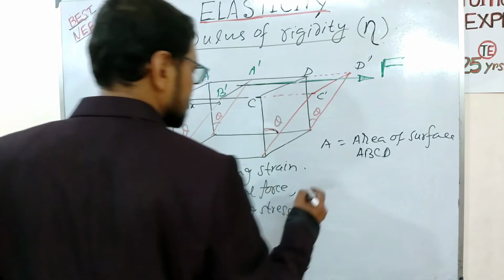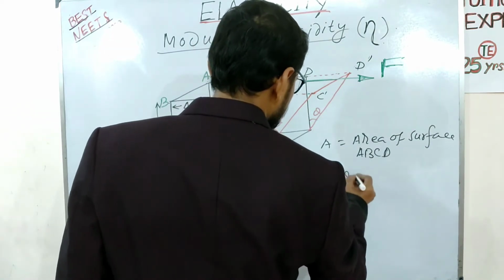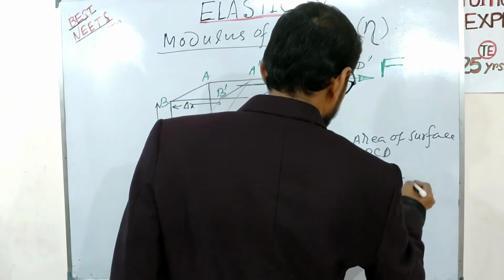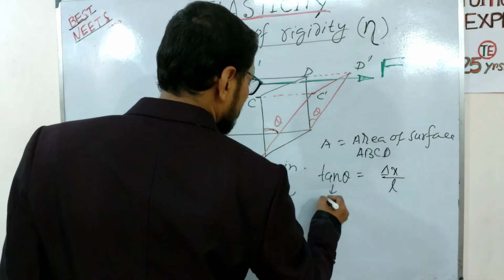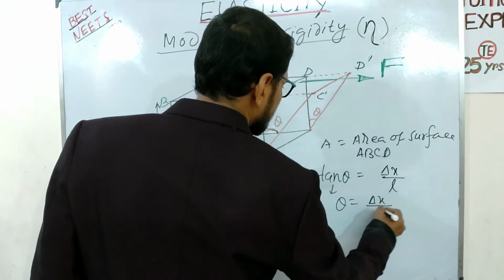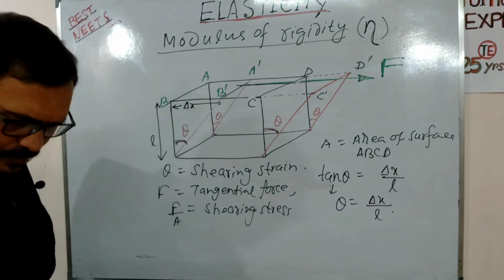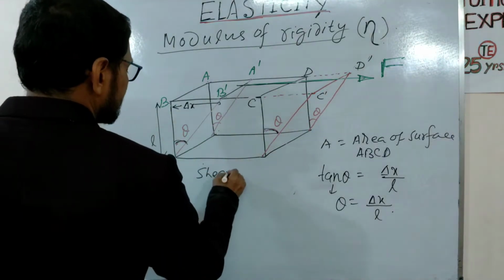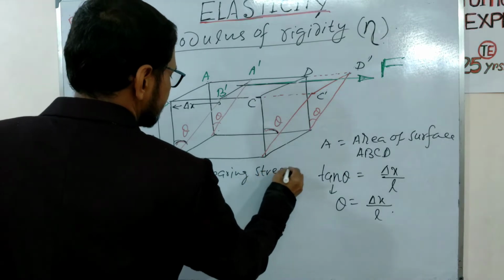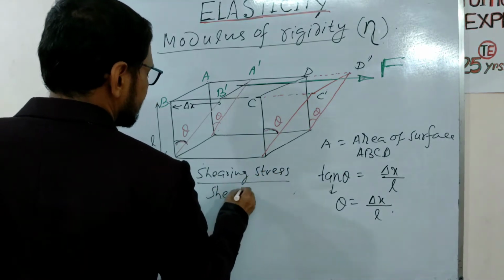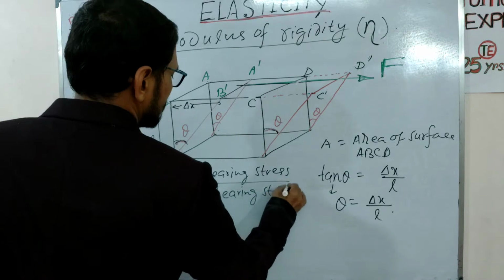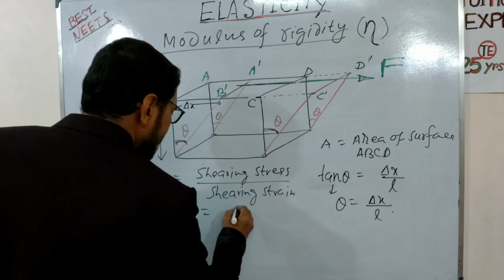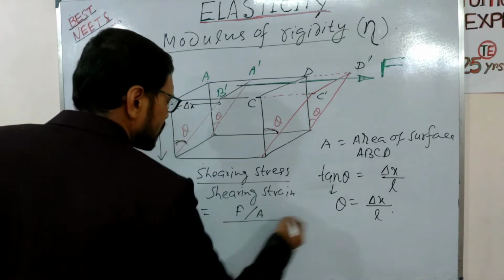Now tan theta equals, from here, del x by L. As theta is small, tan theta equals theta, so we can write theta as del x by L. Modulus of rigidity is defined as shearing stress by shearing strain, which is equal to F by A divided by theta.